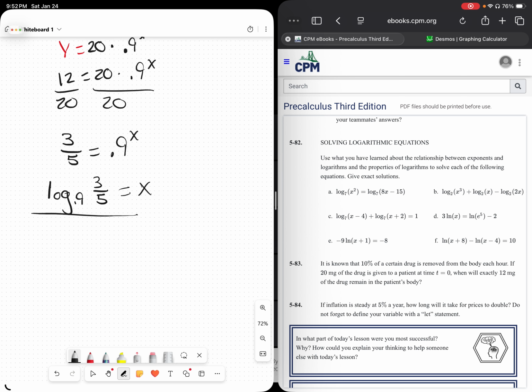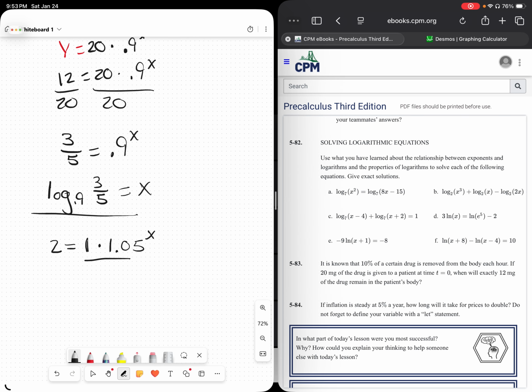Last one here, 84. If inflation is steady at 5% a year, how long will it take for prices to double? Okay, so initial price, we're just going to say 1 because all that matters is that it gets to 2, right? If our inflation is 5%, our rate is 1.05 to the x. And so how long will it take to double, right? So we just want to know, when is this y going to be 2?